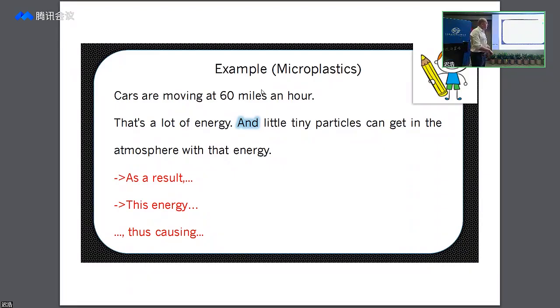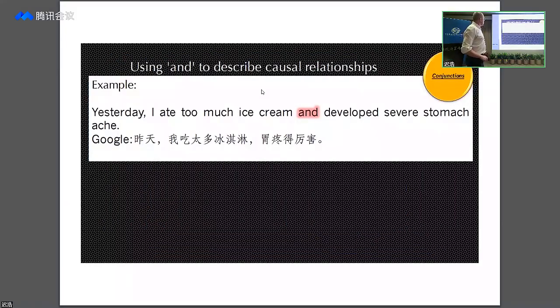And as you remember, we made this point at the very beginning that in academic writing the most important thing is not to make an impression. The most important thing is to be clear, precise, and logical. Okay, so here is an example of how the use of conjunctions in normal non-academic writing often occurs to describe causal relationships and how problematic this is.